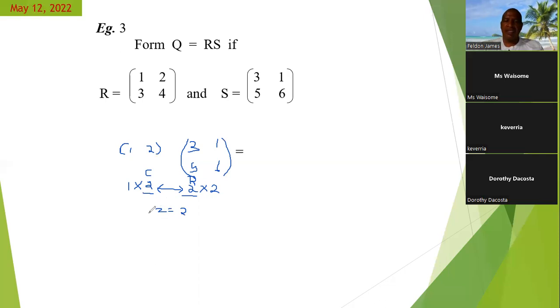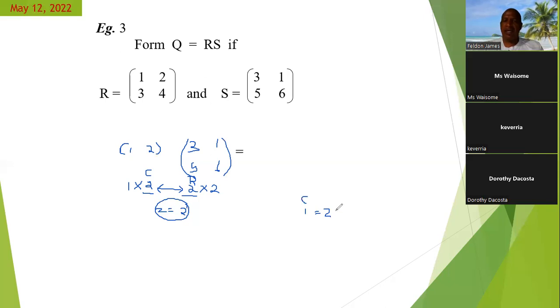Now, this is the condition that tells you that you can multiply. Once these 2 numbers are the same, it means that you can multiply them. Now, in the other one, we had 1 equal to 2. So it means the number of columns in the first matrix was 1.